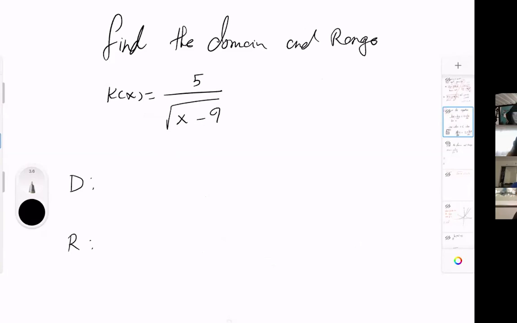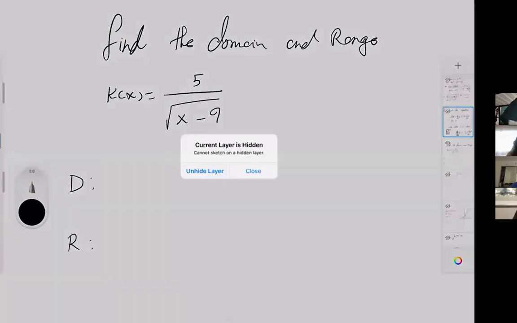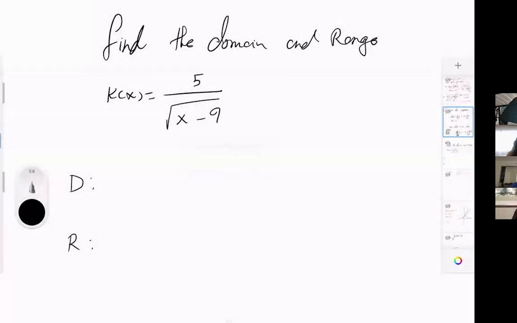Another question on chapter 1. That's number 23. Find the domain and range. So domain is the input, and the range is the output.